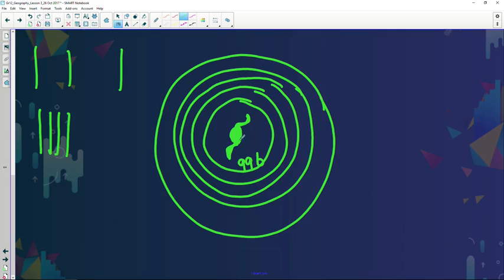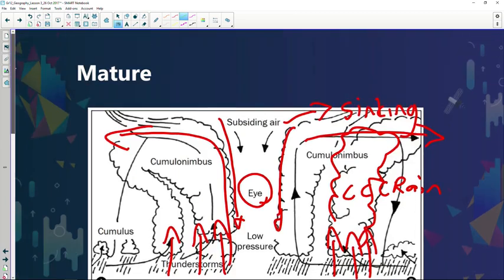Now, the eye that you see over there, that's where the subsidence is, the sinking air. And around the eye, this area over here is known as the eye wall. That's where we experience the worst weather because of the strong convection, the uprising of air.